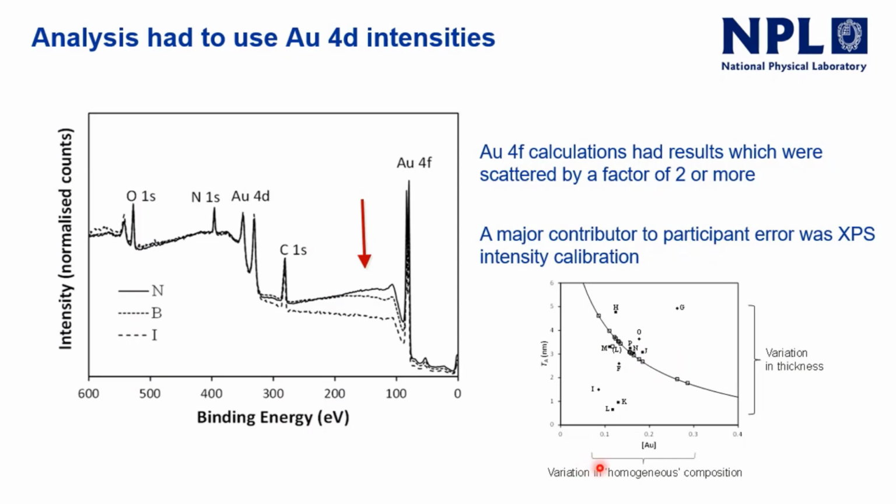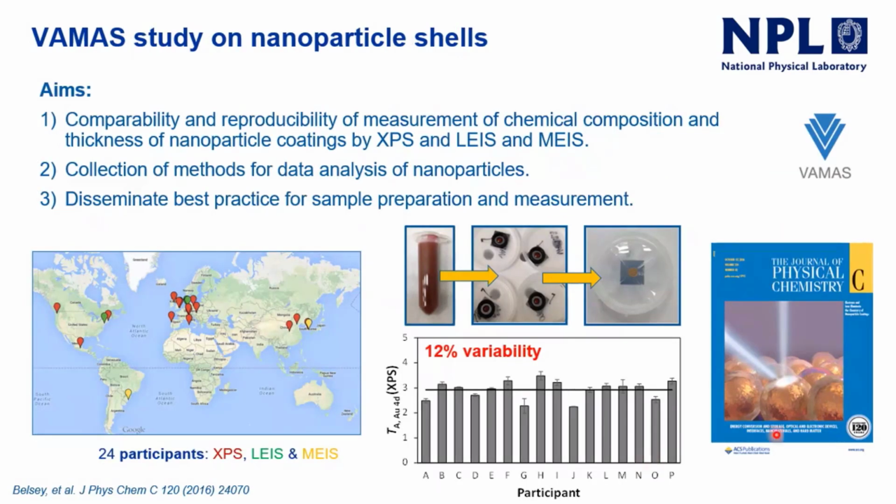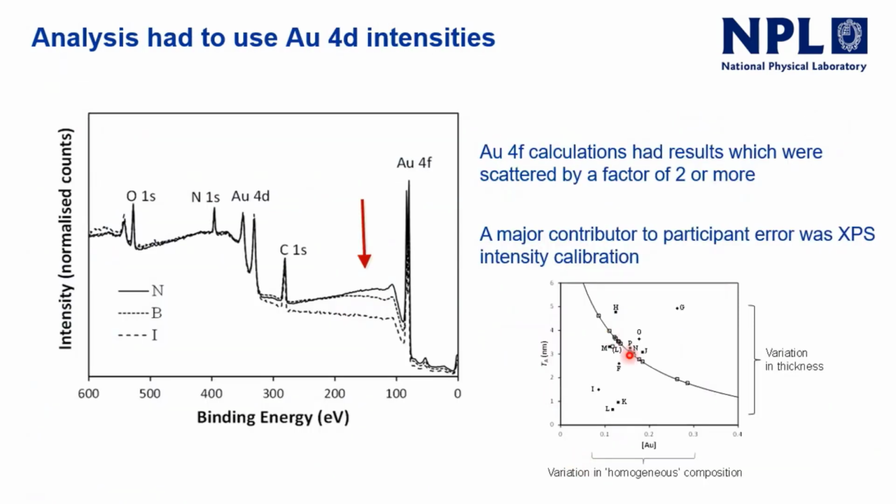This thing here across the bottom, the percentage of gold, is something that we should have solved already. We shouldn't still be seeing exactly the same sample giving you such a wide compositional difference. Because the results were so consistent, they should have all been clustered around this point here, not scattered around like this.